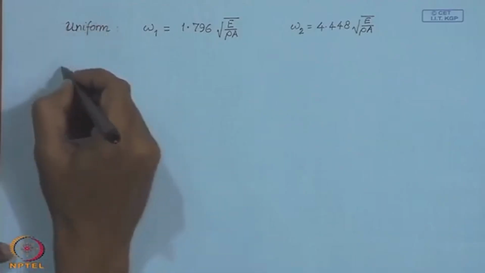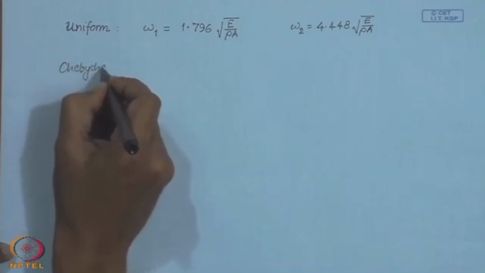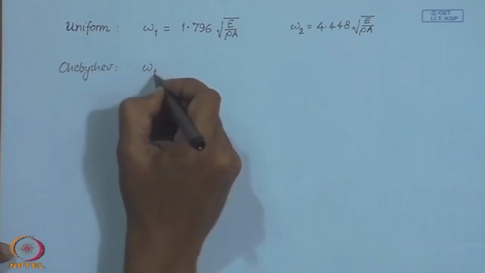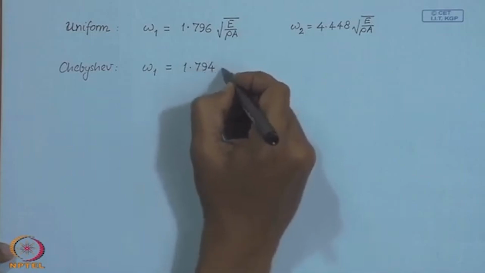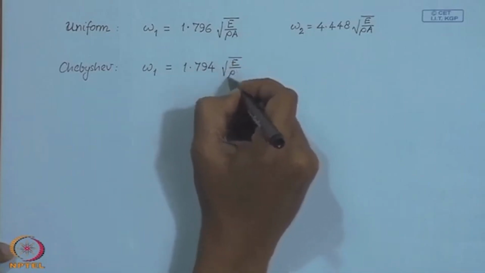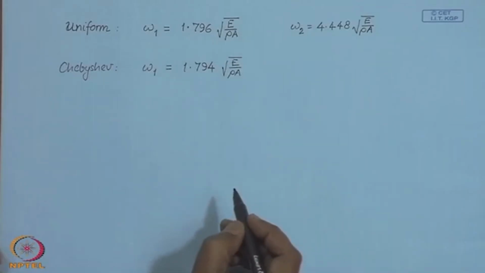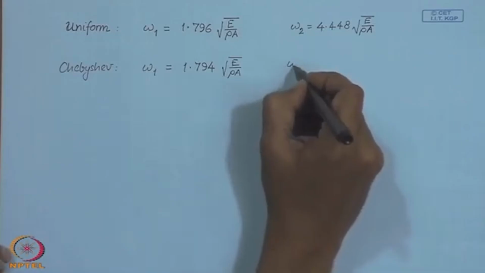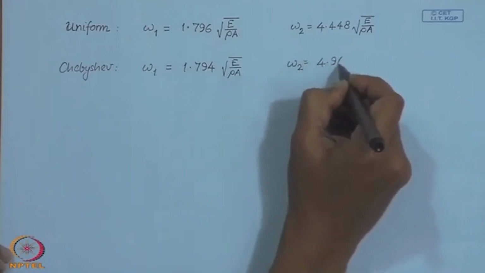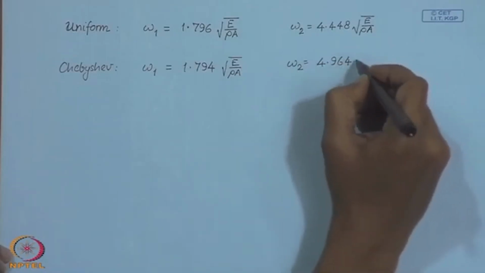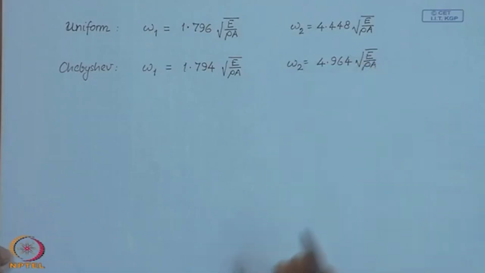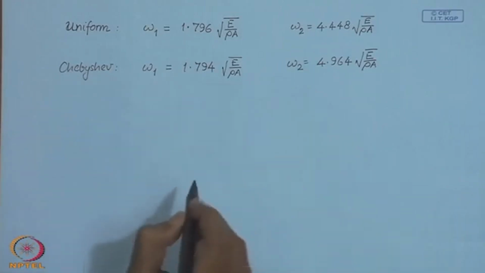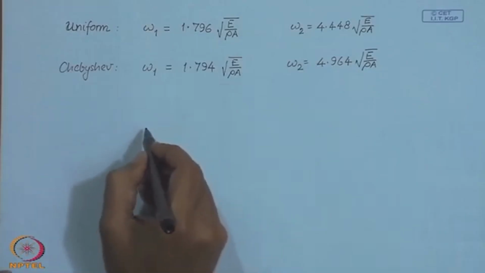When you consider uniform spacing, and when we consider Chebyshev spacing, then the first two natural frequencies are obtained like this.